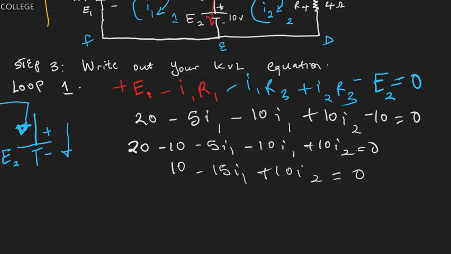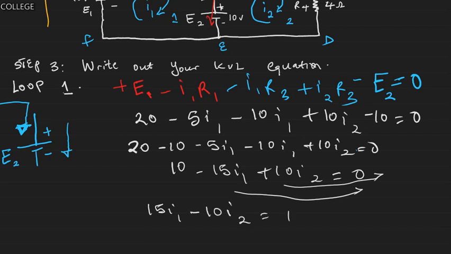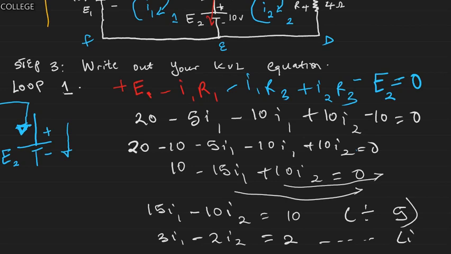If we take these two to the other side of the equation, we have 15 I1 minus 10 I2 equals 10. Dividing both sides of the equation by 5, we have 3 I1 minus 2 I2 equals 2. So we can label this our equation 1.